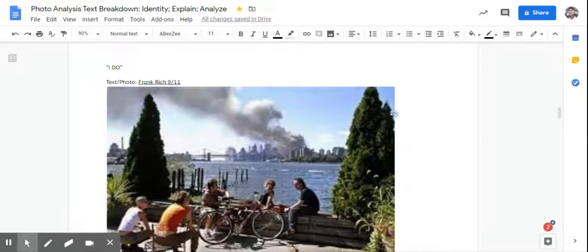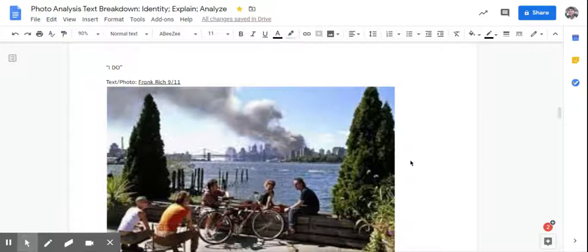Okie dokie. So the first one I do, it's a photo by the photographer Frank Rich. This was taken on September 11, 2001. So there's two parts to this activity.